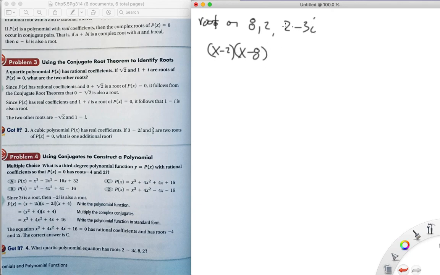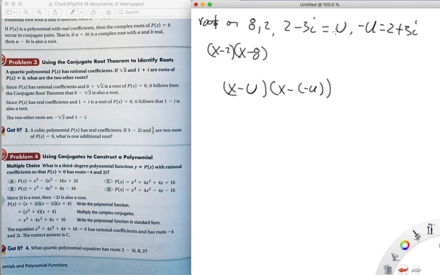Here we have this 2 minus 3i. So in the same form of x minus u, let's say this guy equals u. And then its conjugate would be x minus negative u, right? The conjugate in this case would be 2 plus 3i.